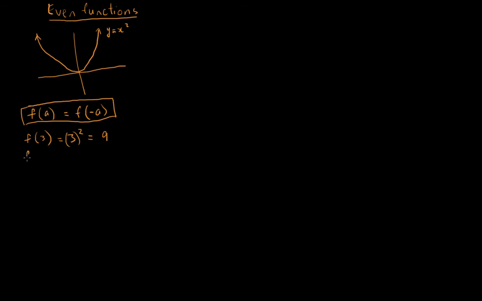But if I take the negative of the x value, so minus 3, now remember this is x squared, so it will be minus 3 all squared. It also gives me a 9. So that's what this means. The function of the positive is equal to the function of the negative value as well. And the idea here is that it's split in half around the y-axis.